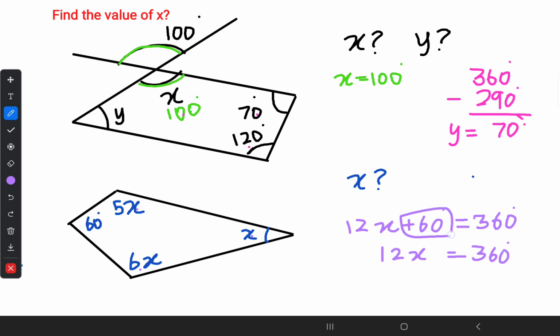The plus 60 becomes a minus 60. So x should be 300 divided by 12. Finally, we have the magnitude of x as 25 degrees. That is the magnitude of x in the second case.